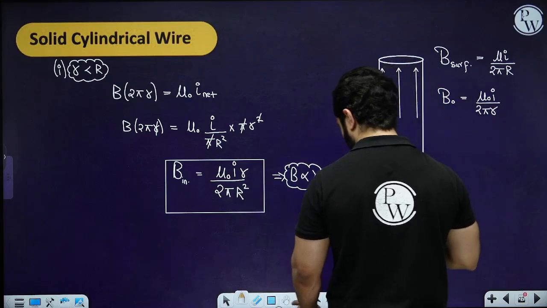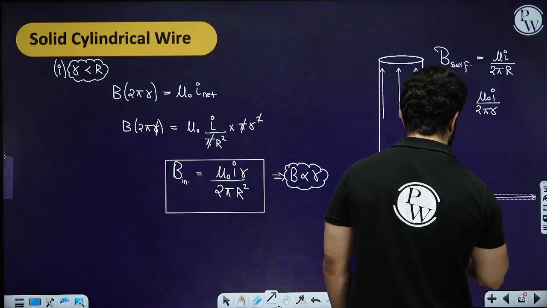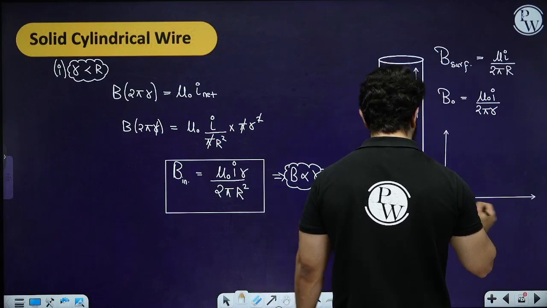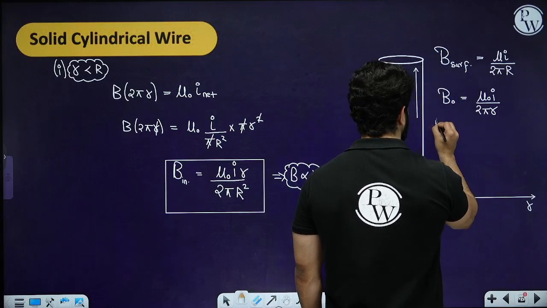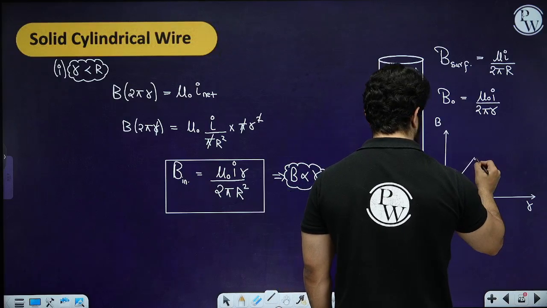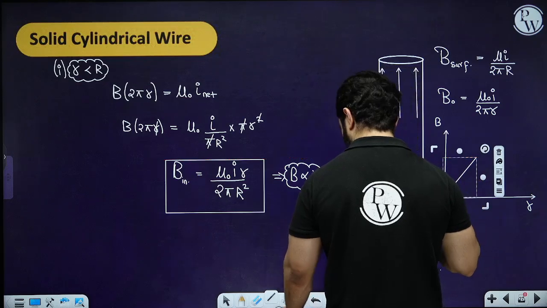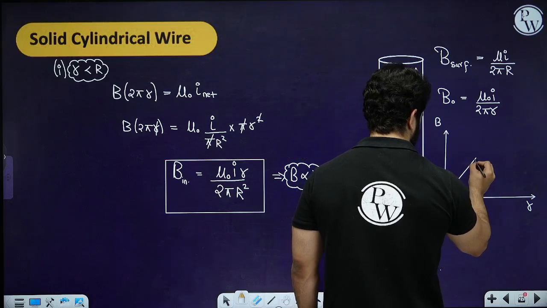So if you are going to talk about the graph for a solid one, the graph would look something like this. We have got small r over here, we have got magnetic field at this point. From the origin to this point, magnetic field will increase.